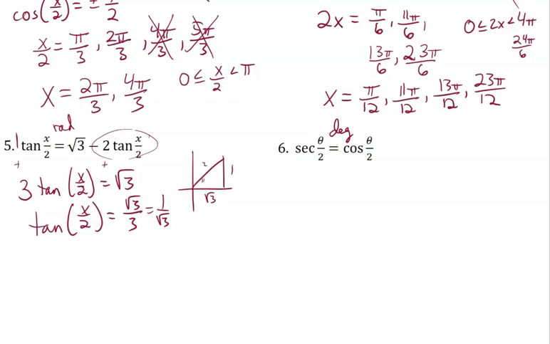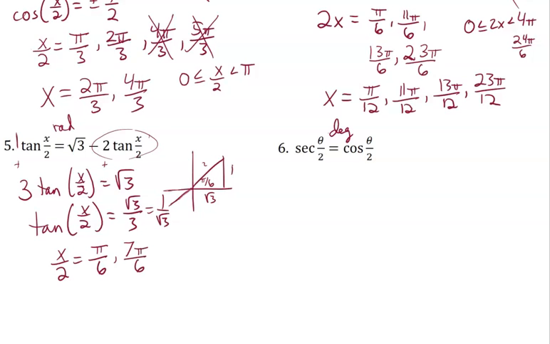That makes this pi over 6 again as a reference angle. So x over 2 is equal to pi over 6, or we could be down here in quadrant 3 with a reference angle of pi over 6, so that's 7 pi over 6.